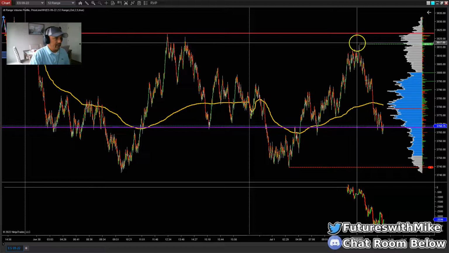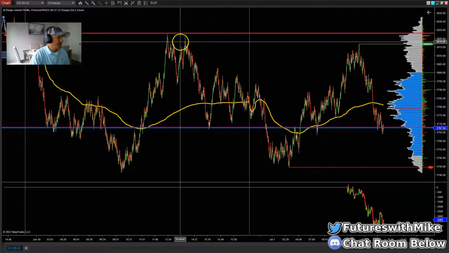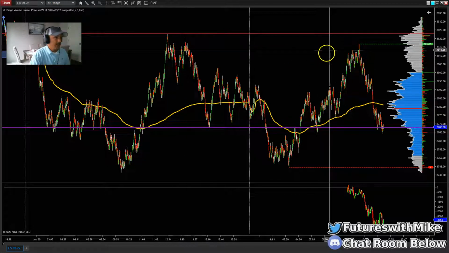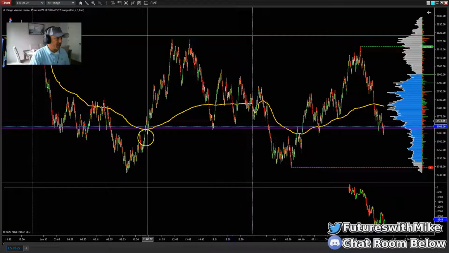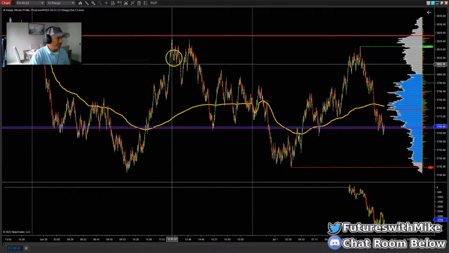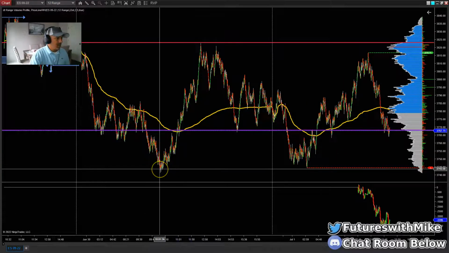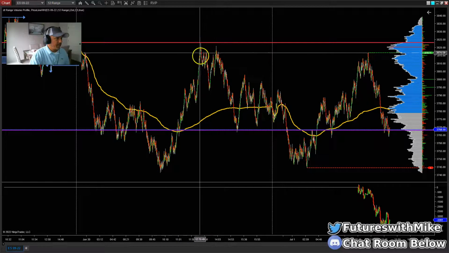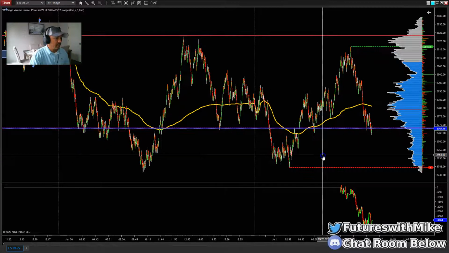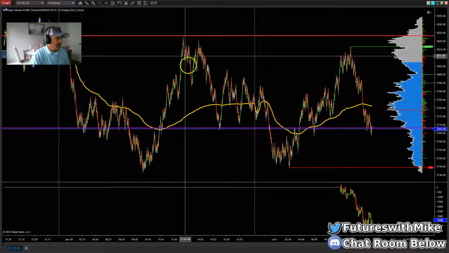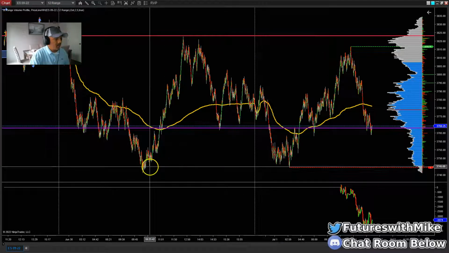It tested yesterday's highs pretty much, close to it, and then turned back around. What we have here is price made a low right here yesterday, pulled back, and it's moving sideways.